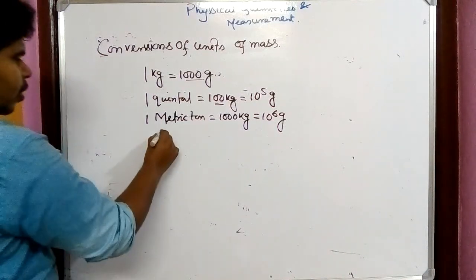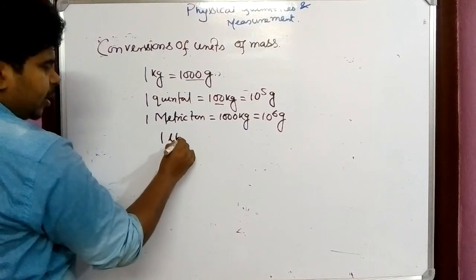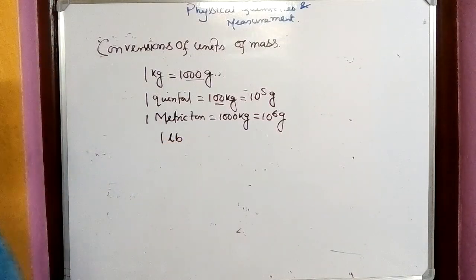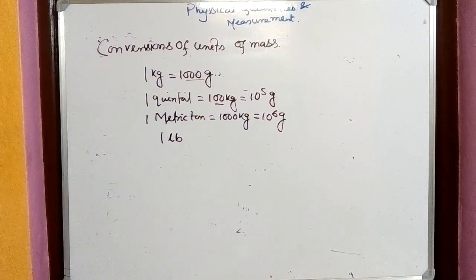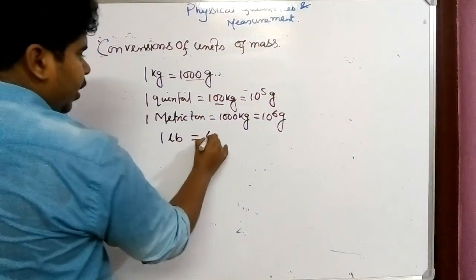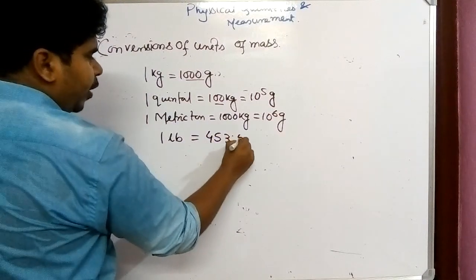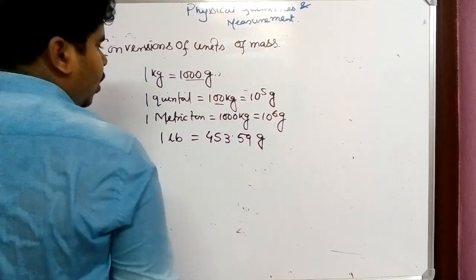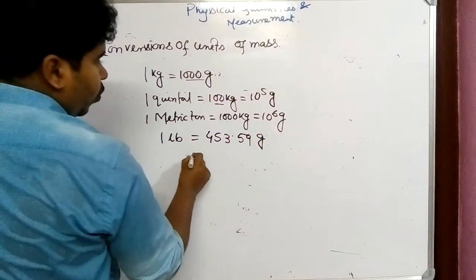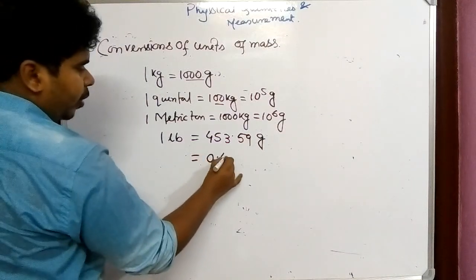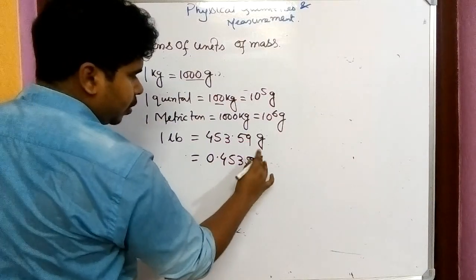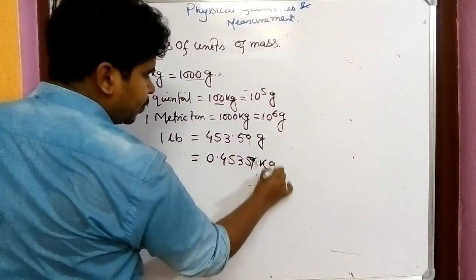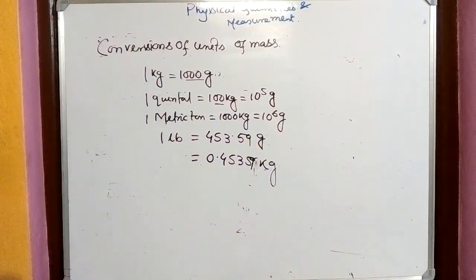Apart from that, 1 pound, that is lb. I have already told that pound is abbreviated by lb. 1 pound equals 453.59 gram, and from here we can write 0.45359 kg, as we know the relation between kg and gram.